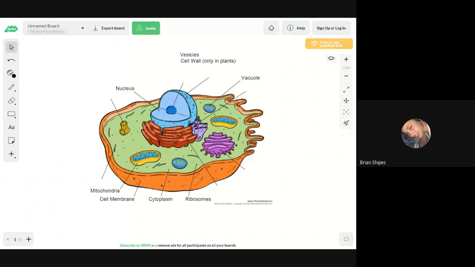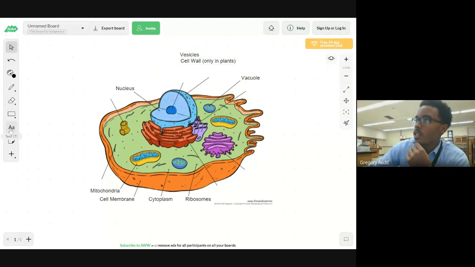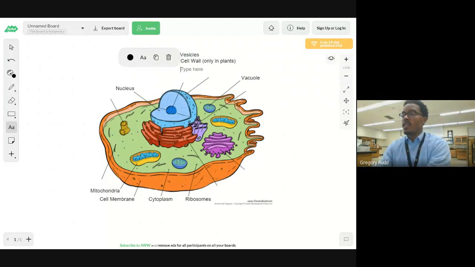Hey, is there a chloroplast in an animal cell or no? No, that's a good question. So only plant cells have chloroplasts. That's another one we'll talk about.